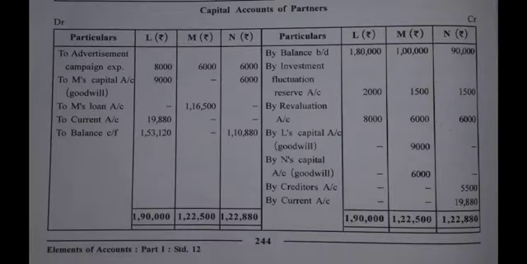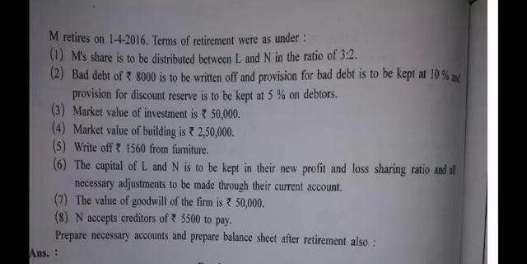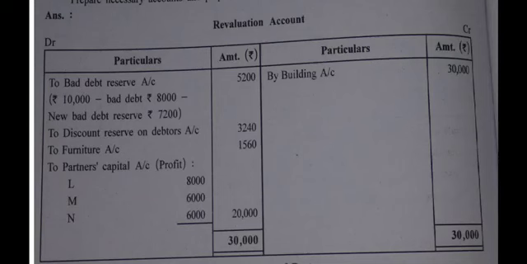Fine. Let us see which is the next adjustment. Yes, here it is, adjustment number 5. Write off rupees 1,560 from furniture. Write off means definitely you are going to decrease the value of an asset, and the decrease in the value of an asset is to be written on debit side of revaluation account.